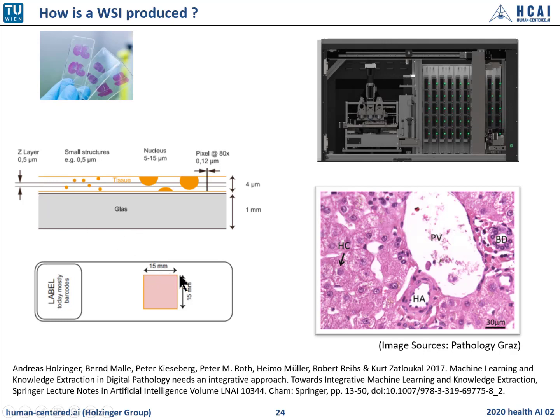So you see here the target area, which is the de facto standard for quoting scan speed and size. And with the help of a whole slide imaging scanner, like you see here, the histopathological slide is transformed into an electronic image. So this is a virtual slide. This is called a whole slide image.